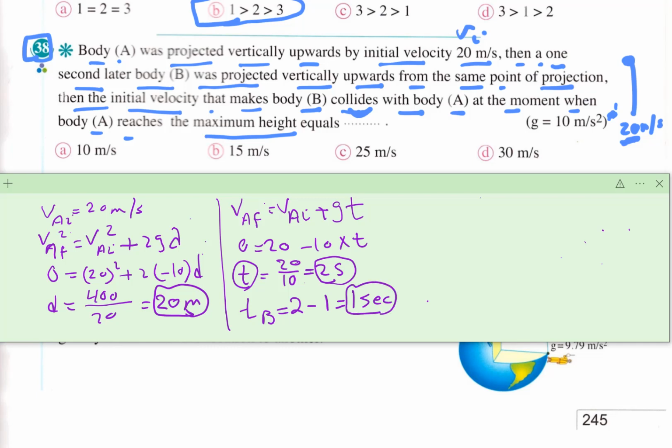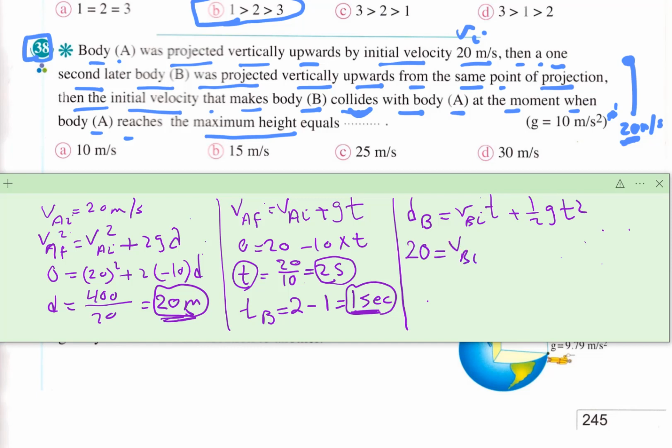Got it? So we have the distance and we have the time for object B to reach object A. We need only the initial velocity. So you have d for object B equals VB initial t plus half gt squared. dB is the same, 20 meters.